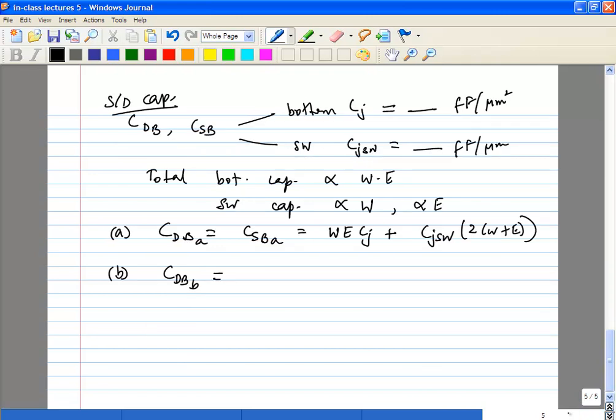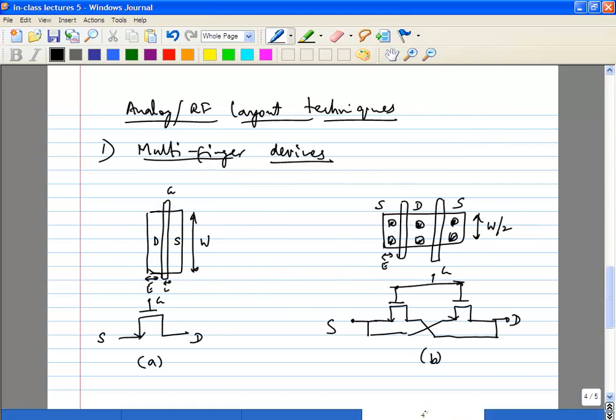Okay, normal, let's say a common source amplifier, you would want it this way. What is your CDB? Width is W over 2, so you have W over 2 times, let's say this is still E. So it's proportional to that area, W over 2 times E, and Cj is the constant for that process.